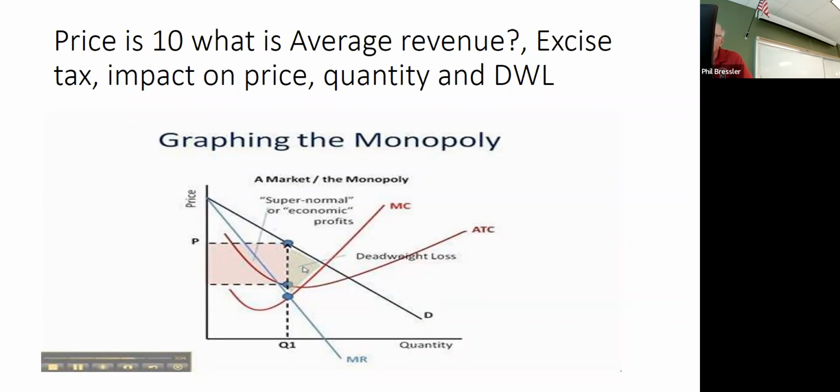Cameron, if there's an excise tax, how would I show that on this graph? MC would shift to the left. Okay, so I'm going to try to shift MC to the left like you told me. Okay, and that's what you meant, right?